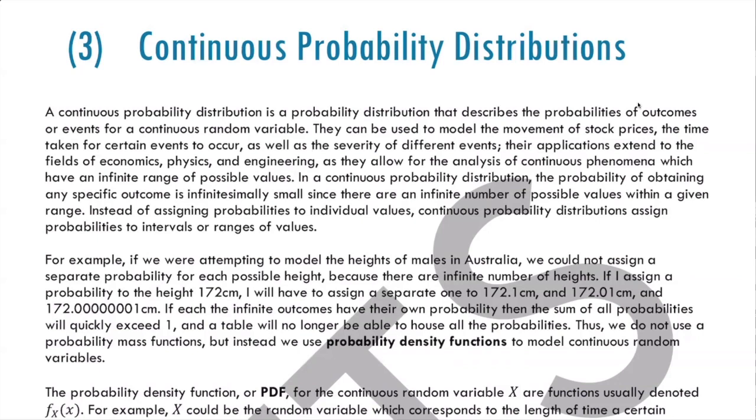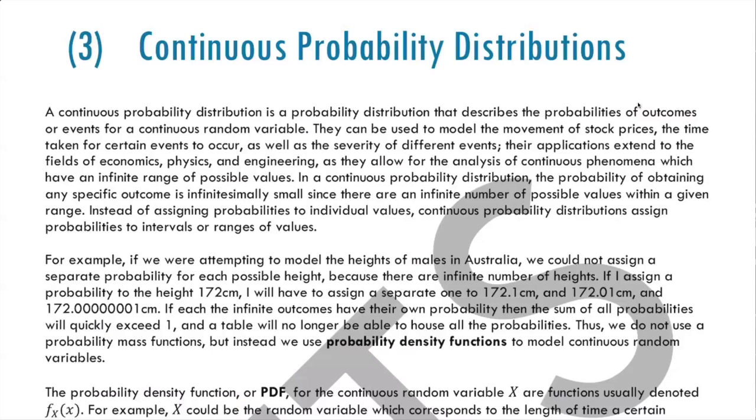In a continuous probability distribution, the probability of obtaining any specific outcome is infinitesimally small, since there is an infinite number of possible values within a given range. So instead of assigning probabilities to individual values, continuous probability distributions assign probabilities to intervals or a range of values.